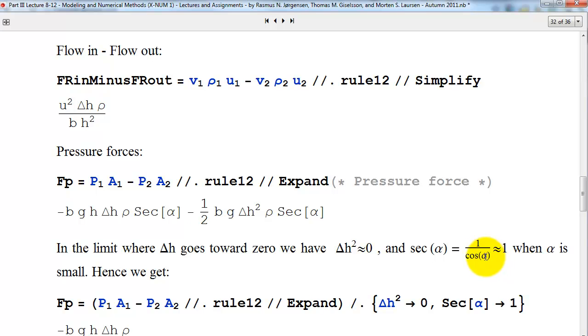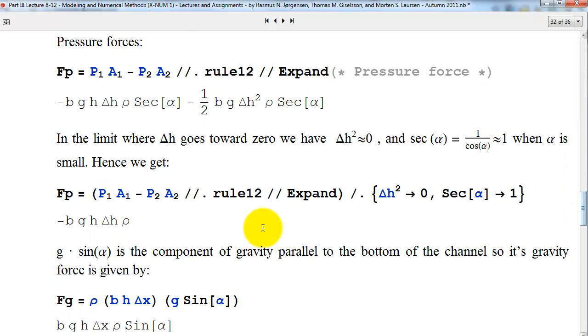And that is when this one is small, close to 1. So if we put that in, we subtract these two, we put in the rules, but then we also say that delta H squared goes to 0, and we say that this one goes to 1. And then you can see that relation is a lot simpler.